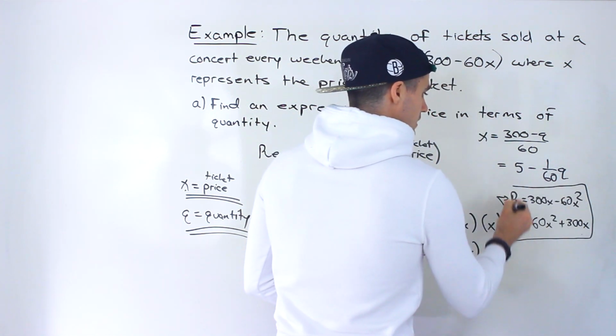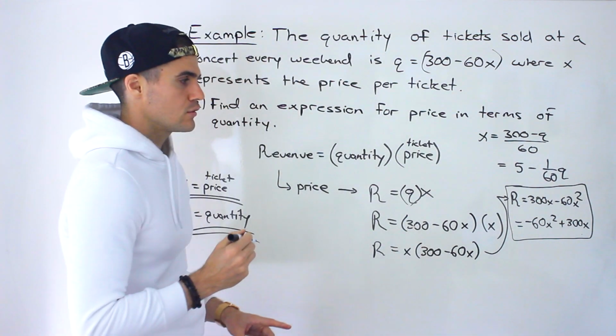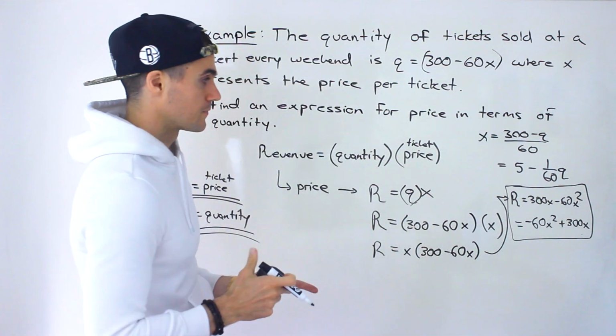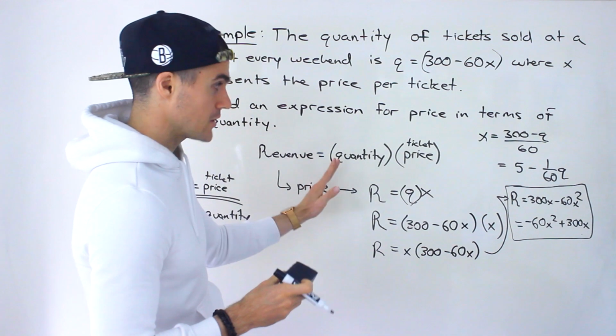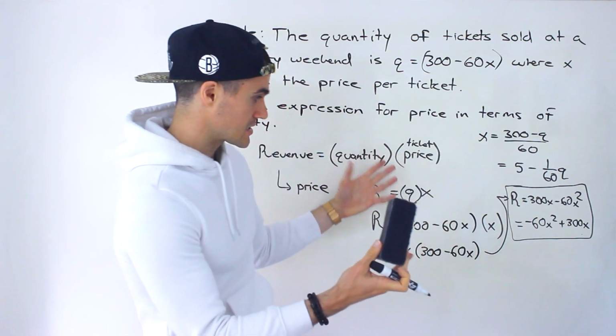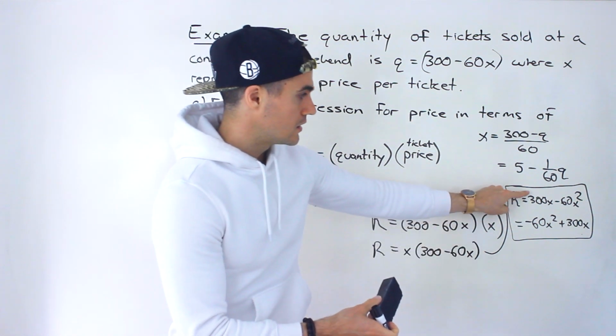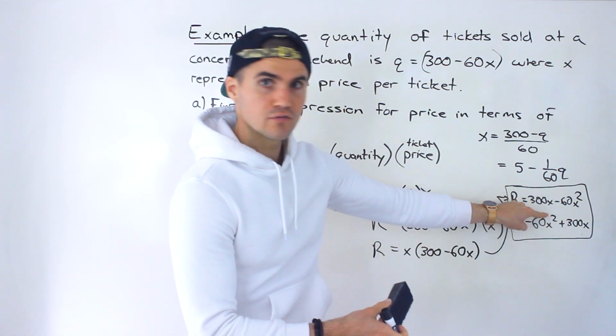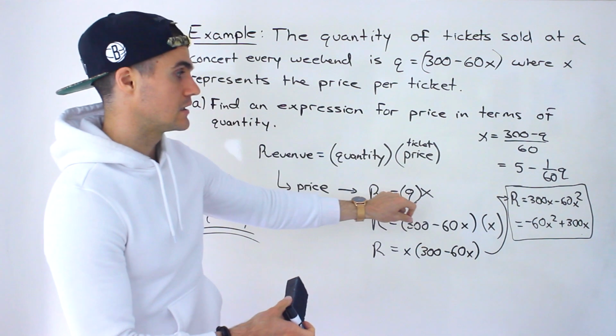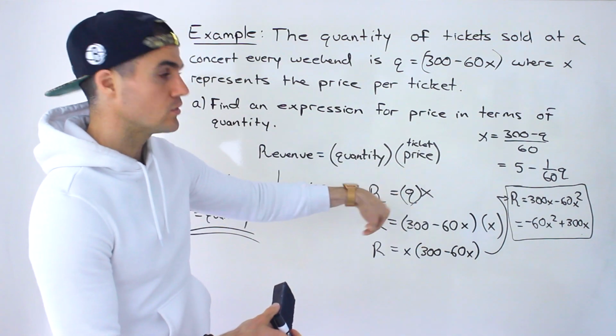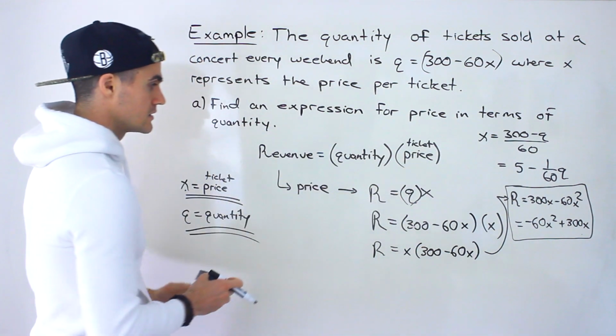So that ends up being the revenue expression, the expanded expression. Notice we expanded it, right? We didn't leave it in factored form. Only in terms of X. Notice the only variable there is the ticket price. So that's the revenue in terms of the ticket price.